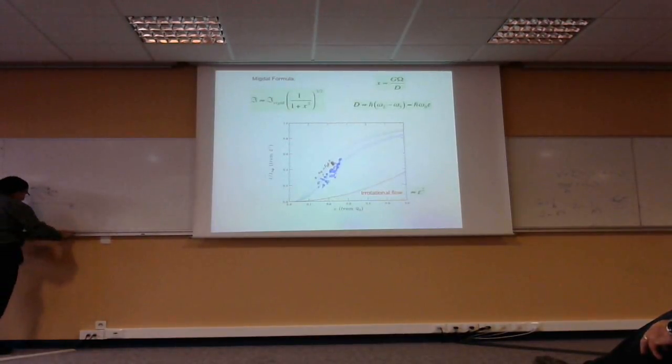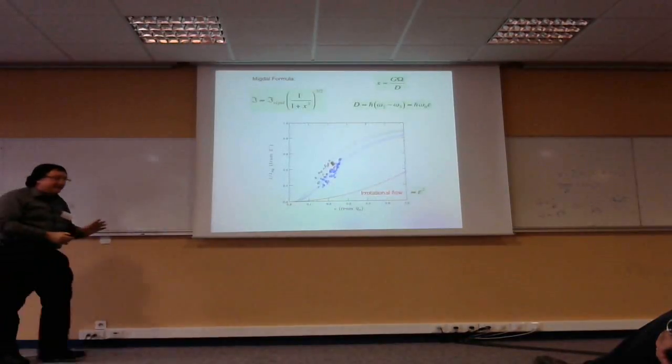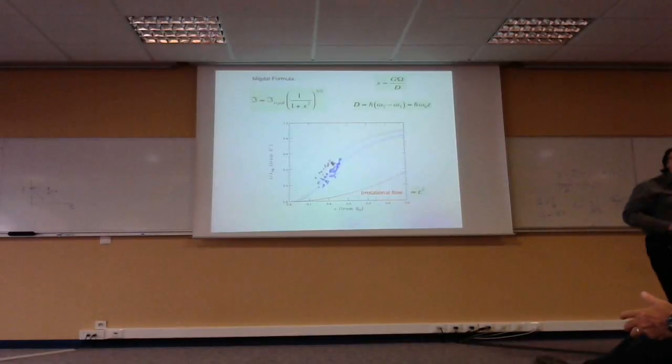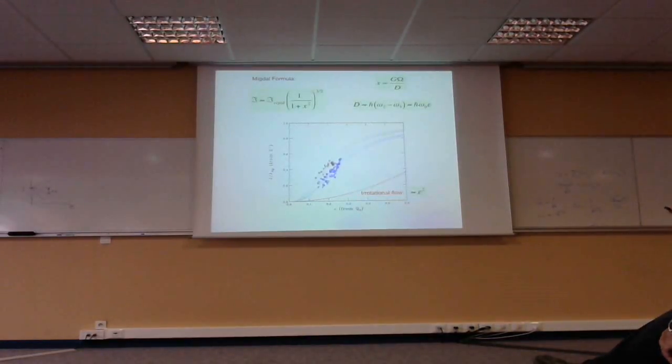So this is not very quantitative, but it's just qualitative for you. So D I will parameterize as the harmonic oscillator energy scale times epsilon, and then I will construct X and actually look at some of the data.